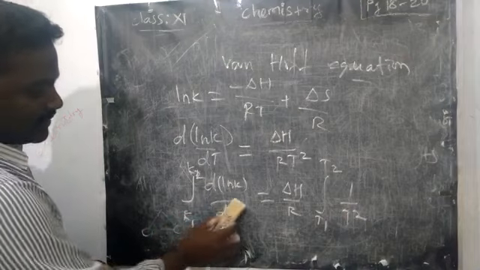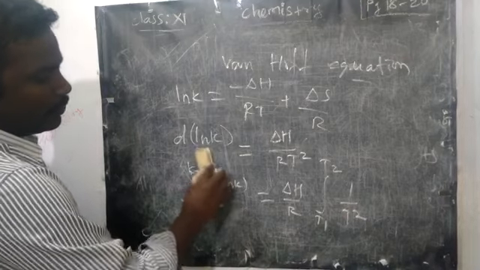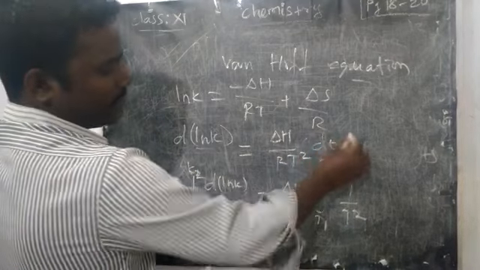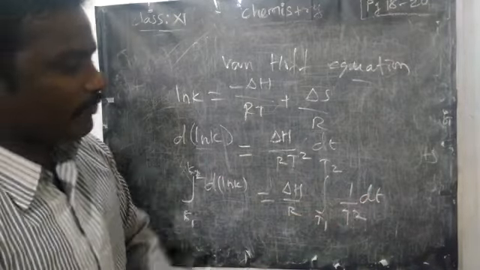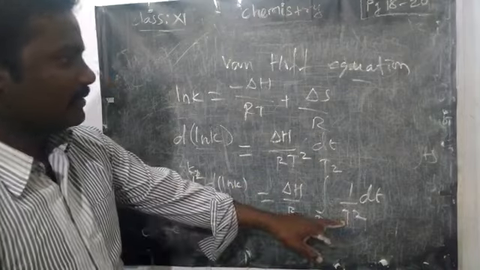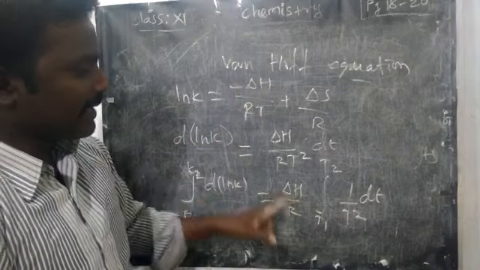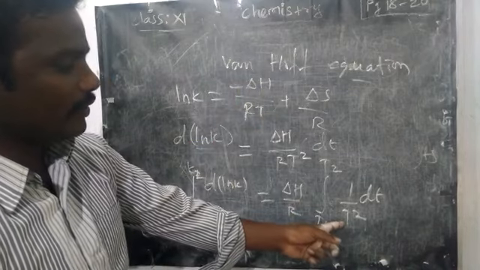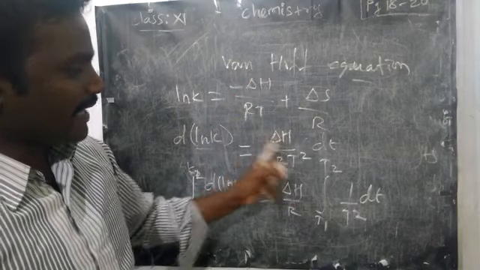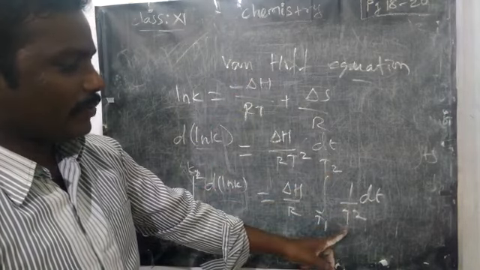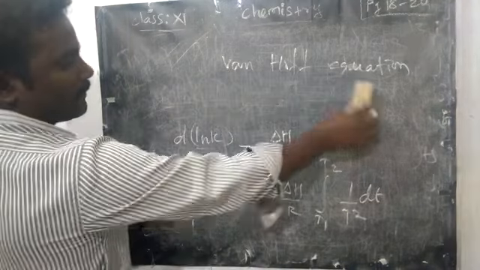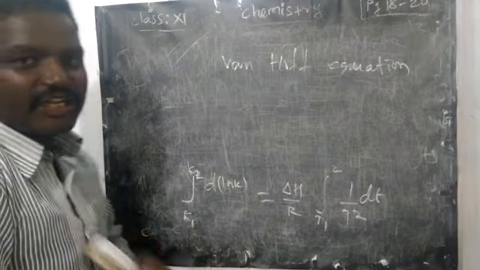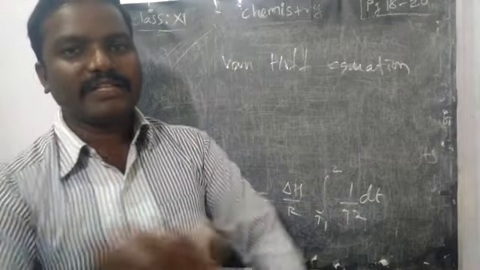You just bring this dT to this side. So 1 by T square if you integrate, what will happen? The same, minus 1 by T, because already we have seen 1 by T becoming minus 1 by T square. Now 1 by T square becoming minus 1 by T. Integration and differentiation are vice versa.